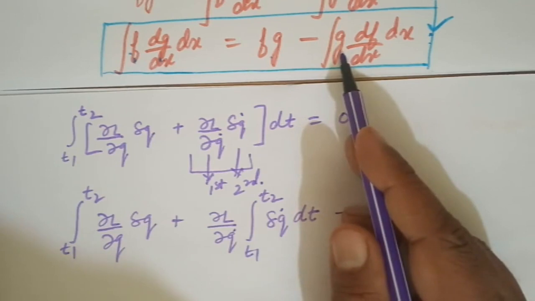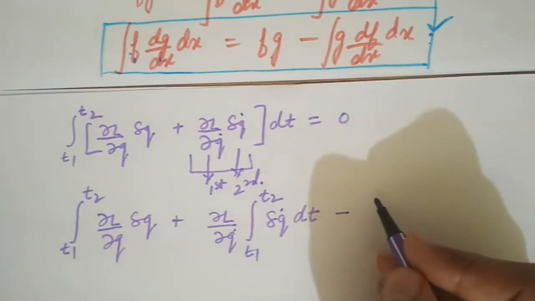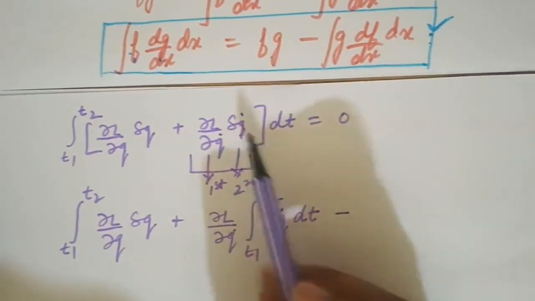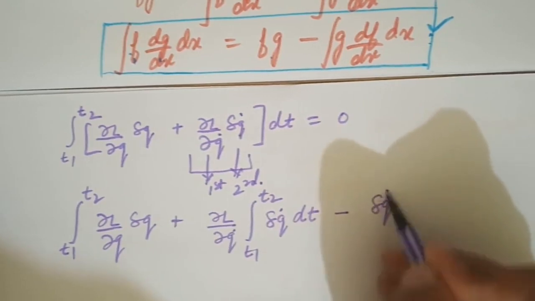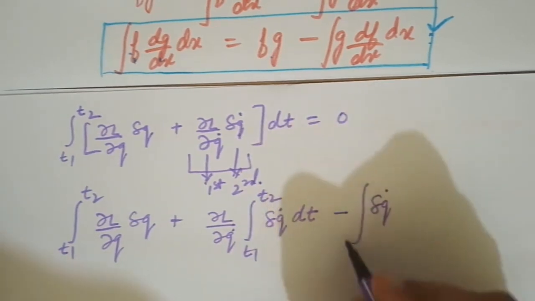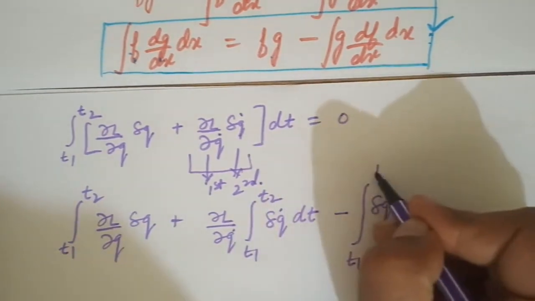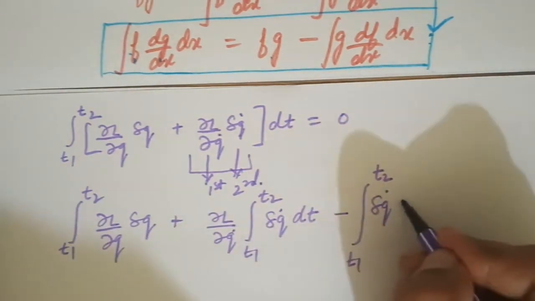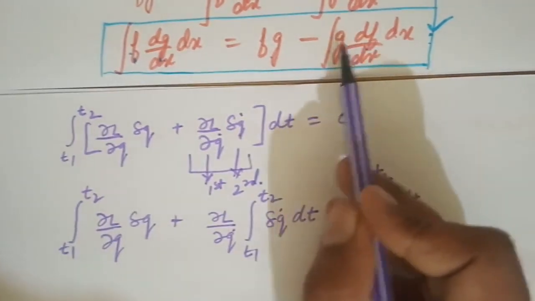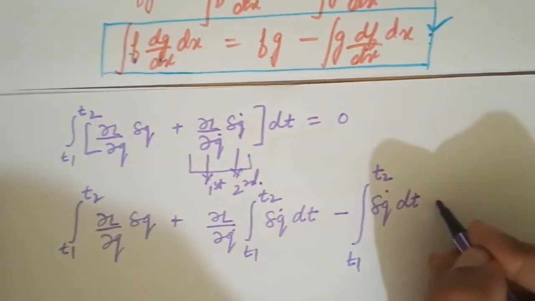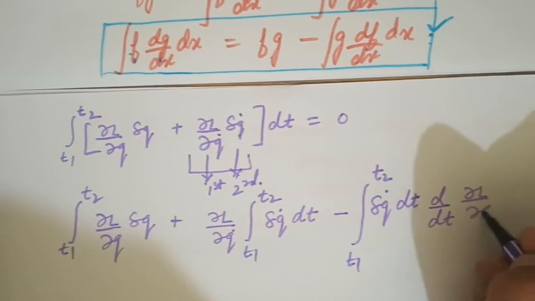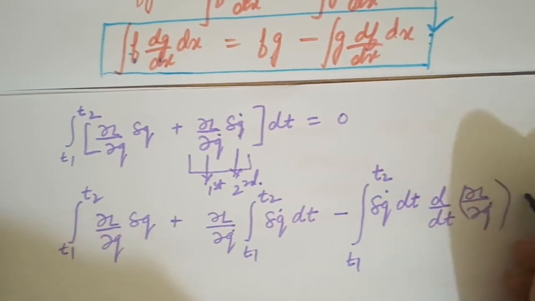Now this is the integral of second function, into differential of first function. So the first function here is this, so differential of first function, dt.